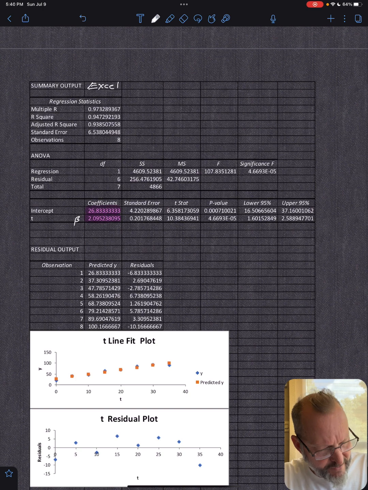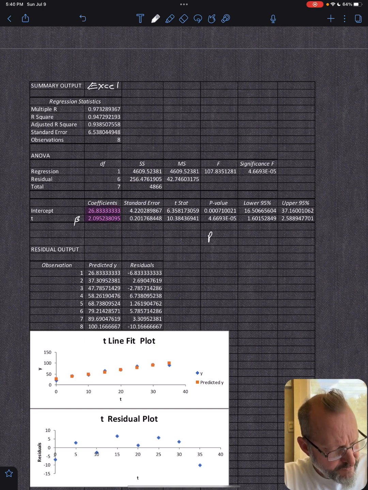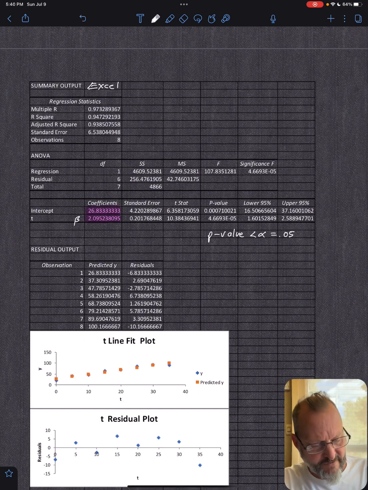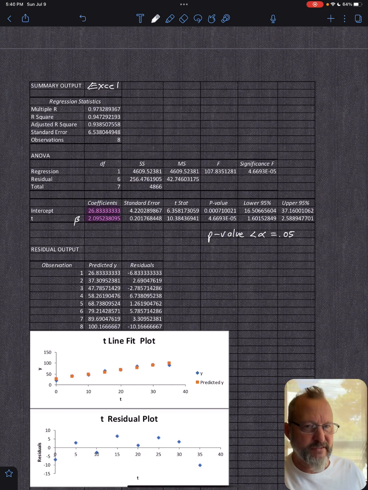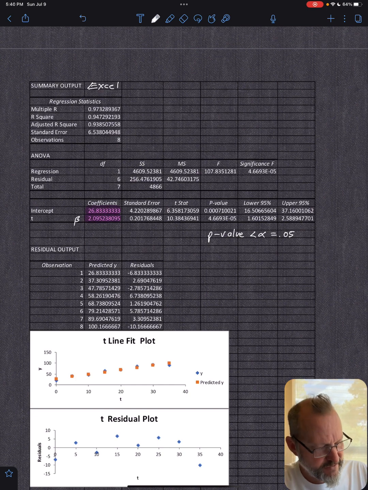So the p-value is less than alpha, which equals 0.05. So we say the relationship is highly likely, it's highly likely that correlation exists.